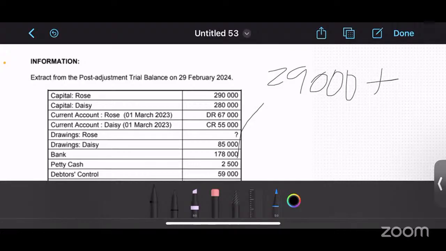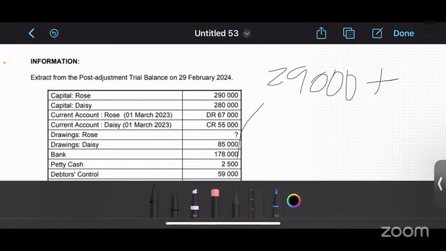The 10% is per annum, for the whole year. So it's 20,000 multiplied by 10% multiplied by 6 out of 12.